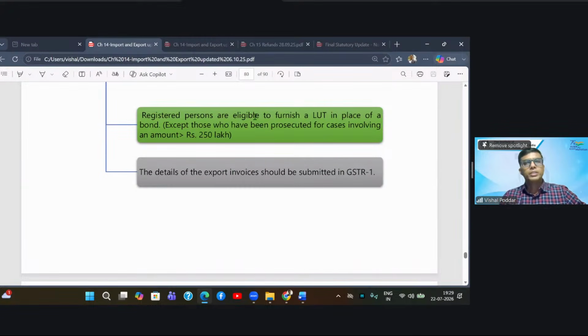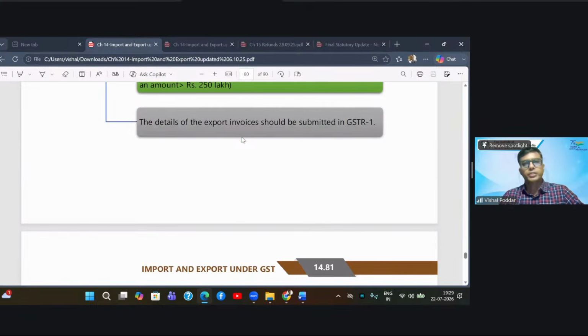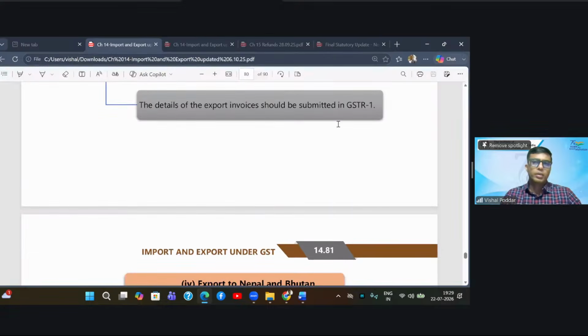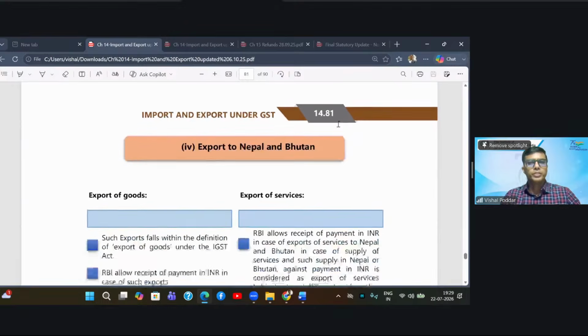Now, registered persons are eligible to furnish LUT in place of a bond, except those who have been prosecuted for cases involving an amount of more than 250 lakhs. So wherever a registered person is required to furnish LUT, that can be done without giving a bank guarantee. Next, the details of the export invoices should be uploaded in the respective table of GSTR 1.